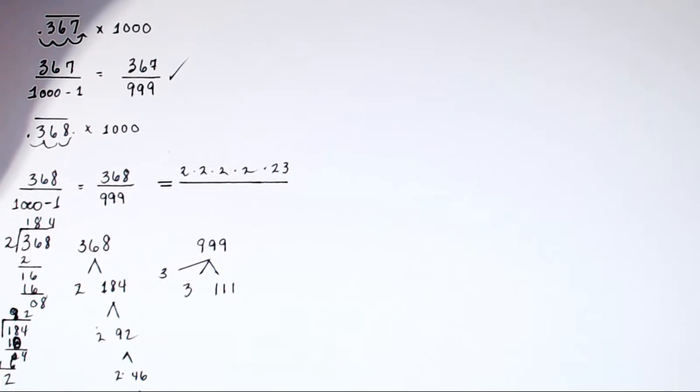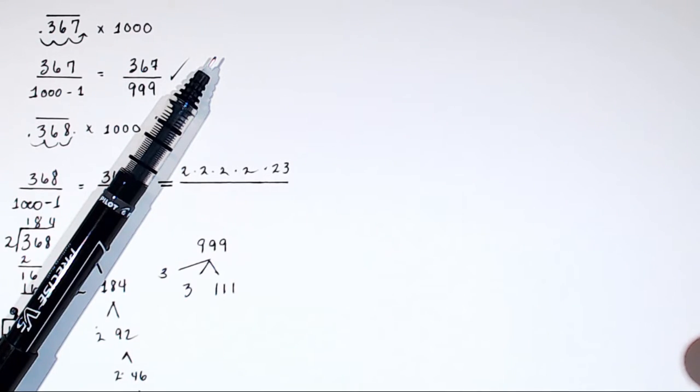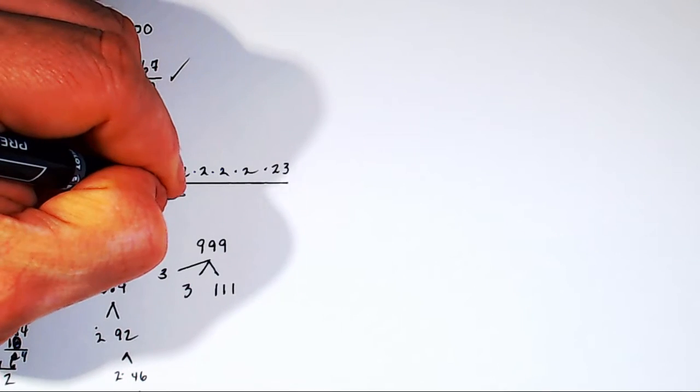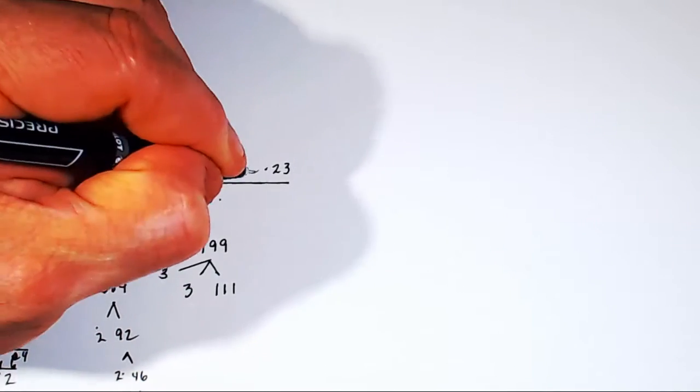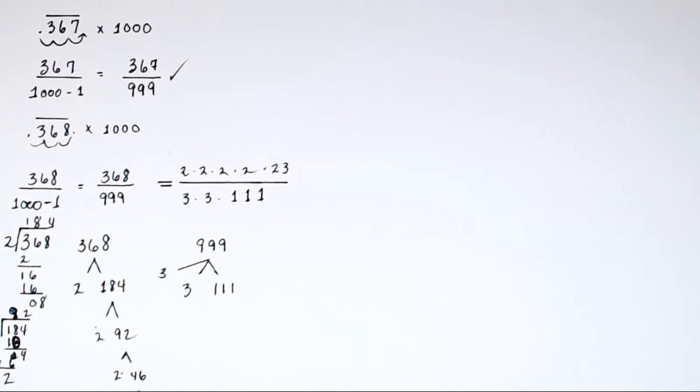Okay, that's the prime factorization of 999, because 111 is a prime number. Yep, just confirming that it is. So I'll write up here 3 times 3 times 3 times 111. Now let's cross out what can be crossed out. Nothing.